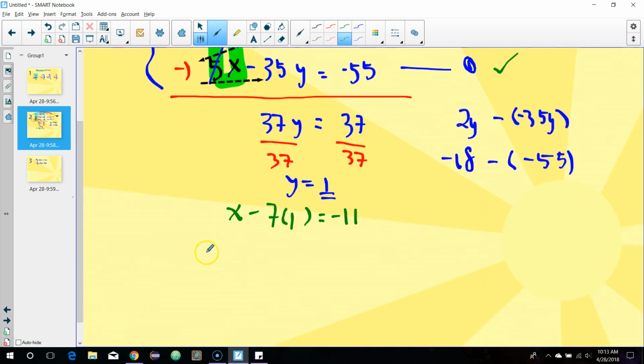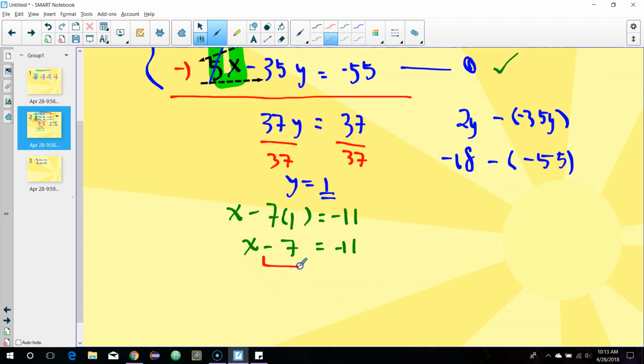The rest of this is just multiplying these two together. x minus 7 is equal to negative 11. I am trying to keep the x on the left hand side for as long as possible, because remember that at the end x is equal to something.